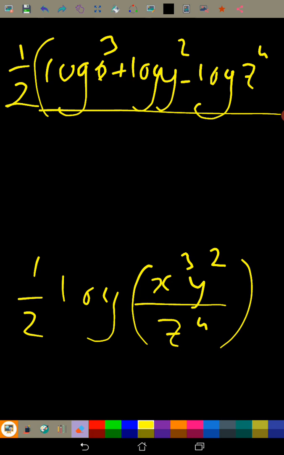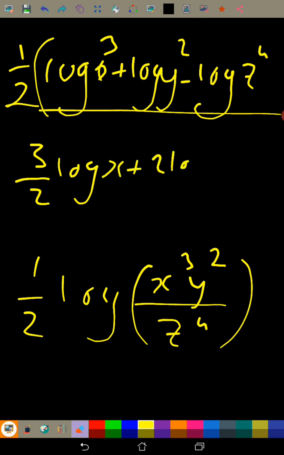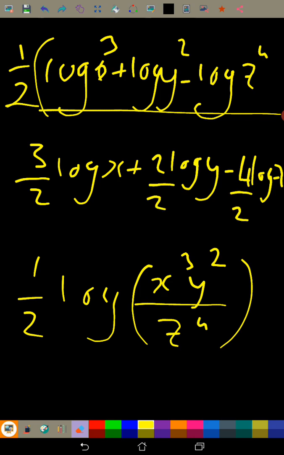They say that you can rewrite this. You can put the 3 and 2 here: log x plus 2 log y minus 4 log z, and this should be 2 divided by 2, so this is 1, this is 2.